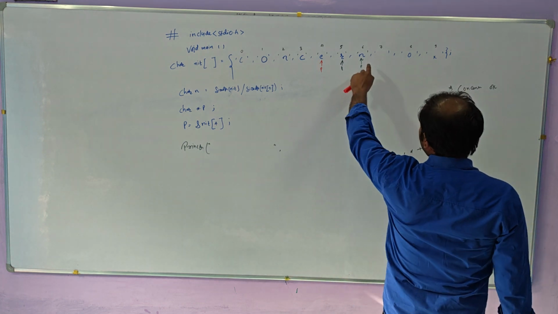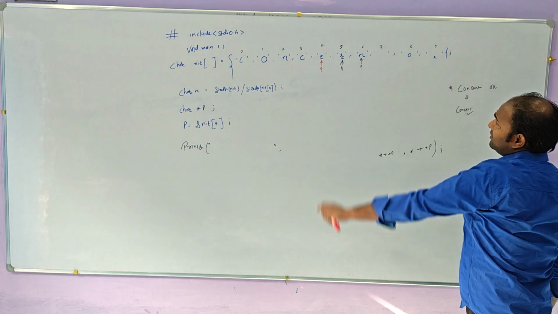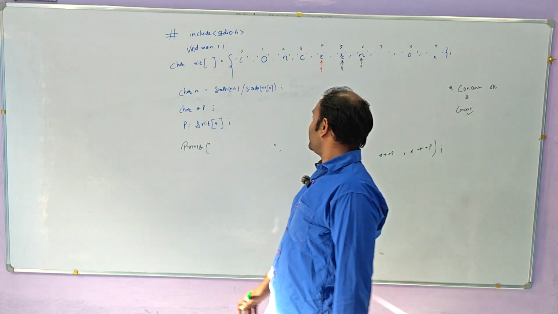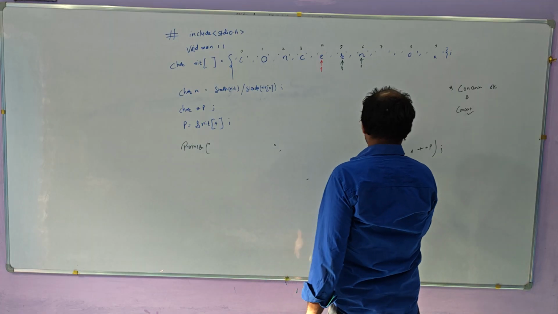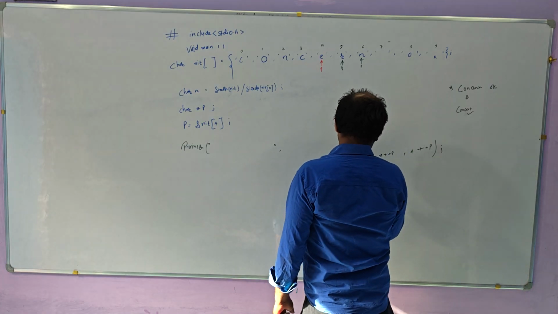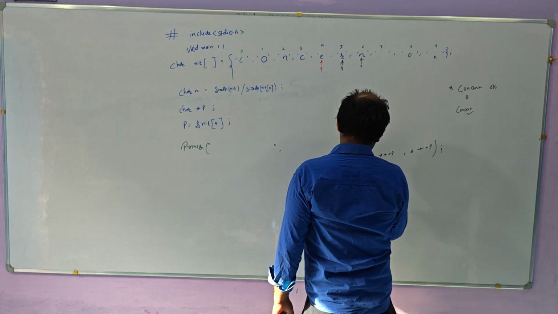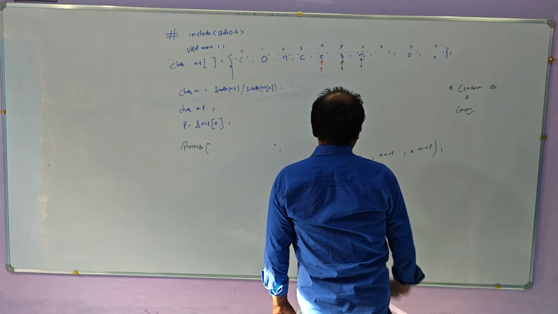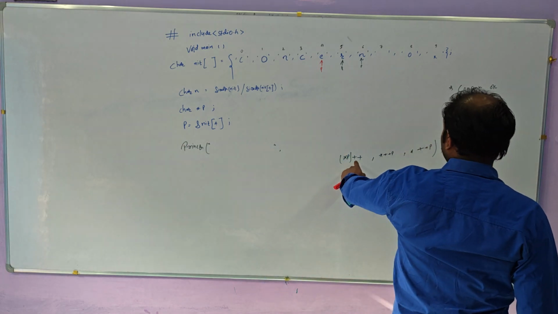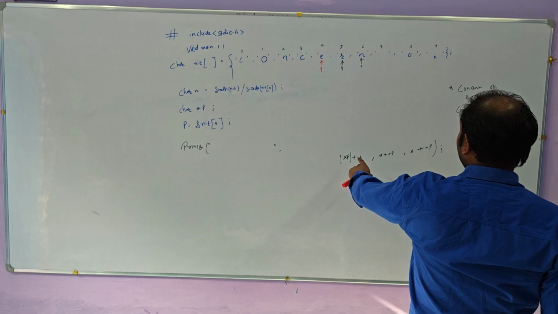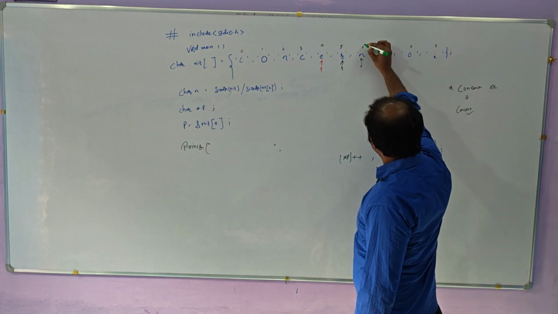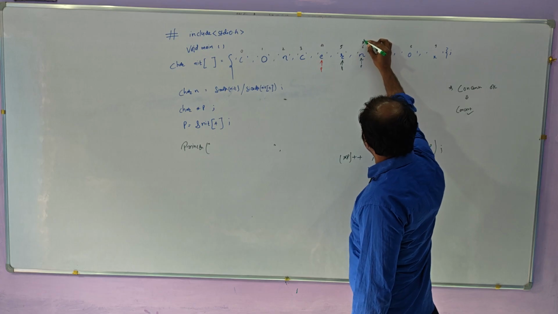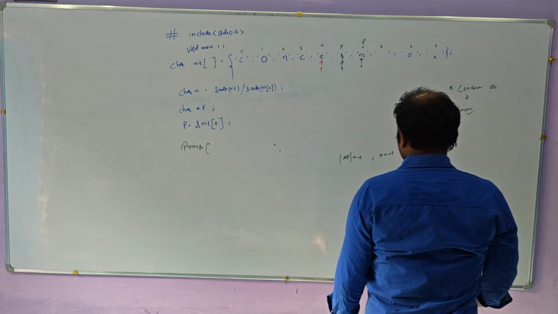Now we arrive at the fixed location where we need to change. Now *p plus plus. That means it gives value N and changes it to O. Now the value changes to O.